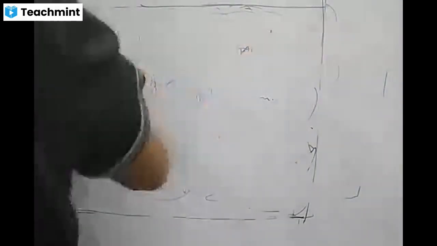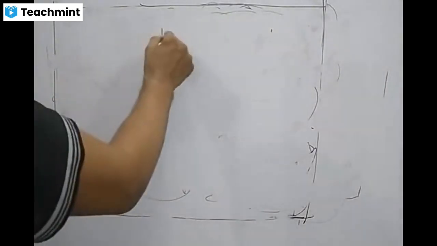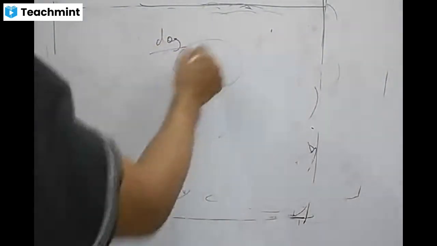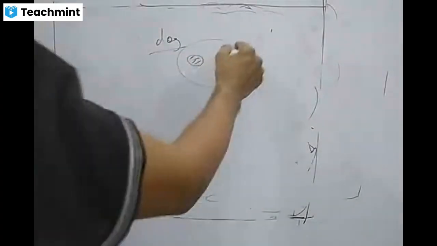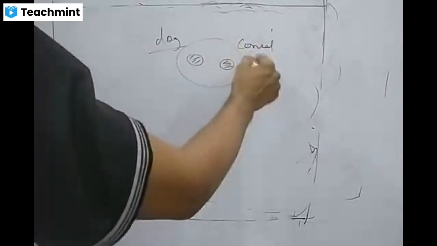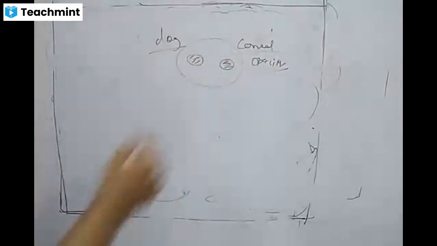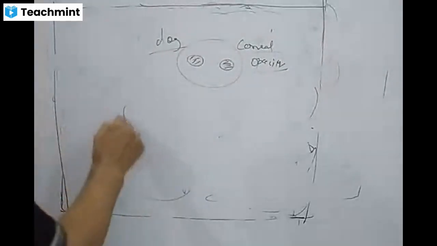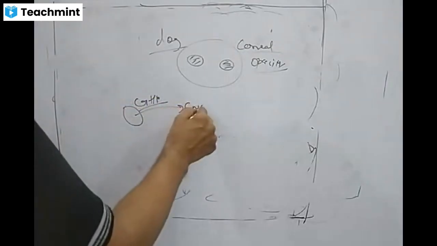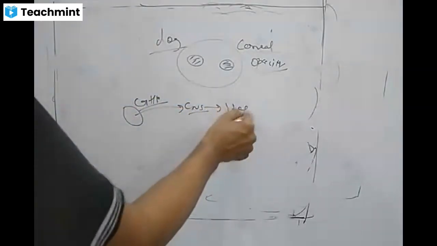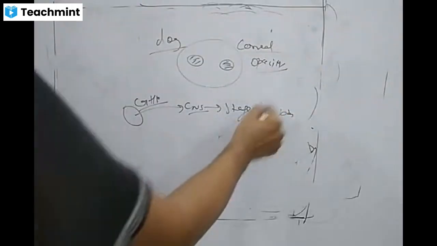These are some signs in horses, but in case of dog, more important is the eyes. That is bilateral corneal opacity. And in case of cattle, there are some CNS signs like staggering gait, convulsions, paralysis, and death.